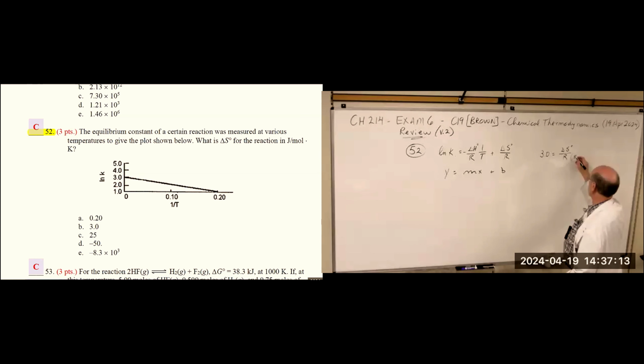So this value is 8.3145 joules per K mole. If we multiply that times 3, we get 24.94.